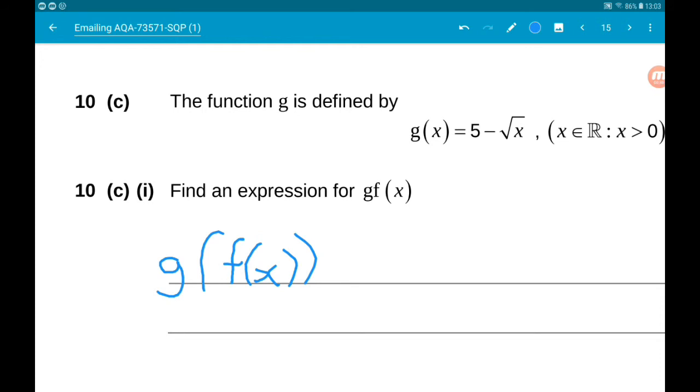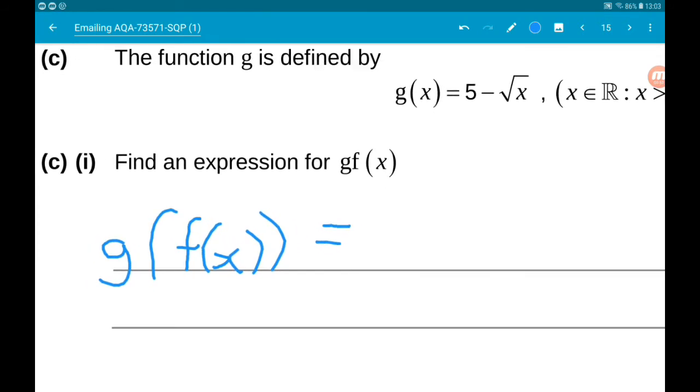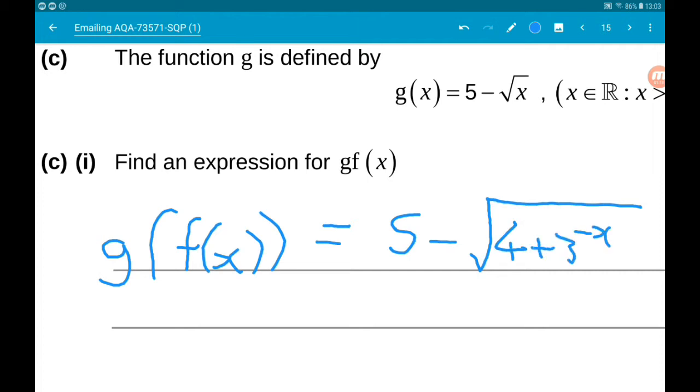So we're putting the f function into the g function. In g, wherever there is an x, it's going to become 4 add 3 to the minus x. So g(f) of x is going to be 5 minus the square root of 4 add 3 to the minus x. Cool.